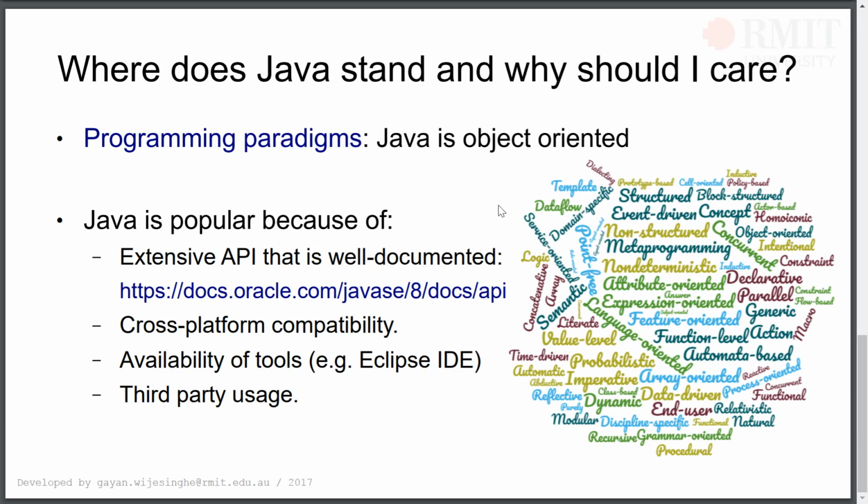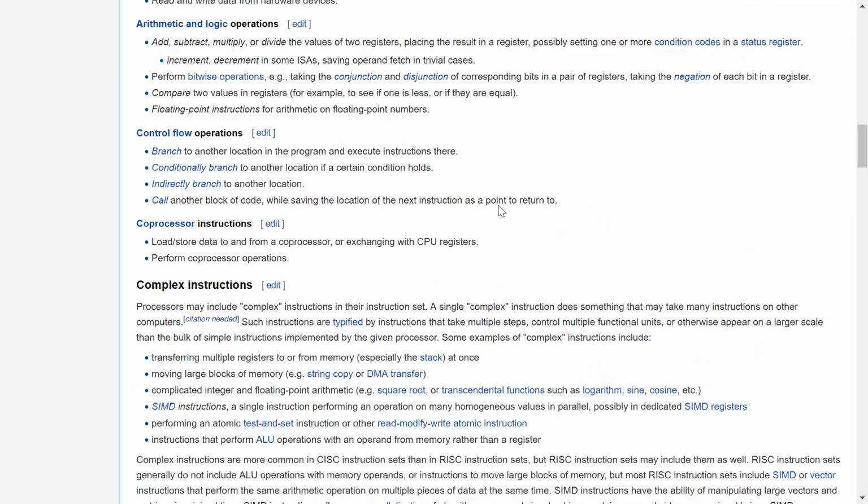Okay, so there are different ways of programming, and Java is just one of those things. And why should Java matter so much? Well, Java is popular because of a few different reasons. Java has a very nicely documented application programming interface, or an API, and that's over here.